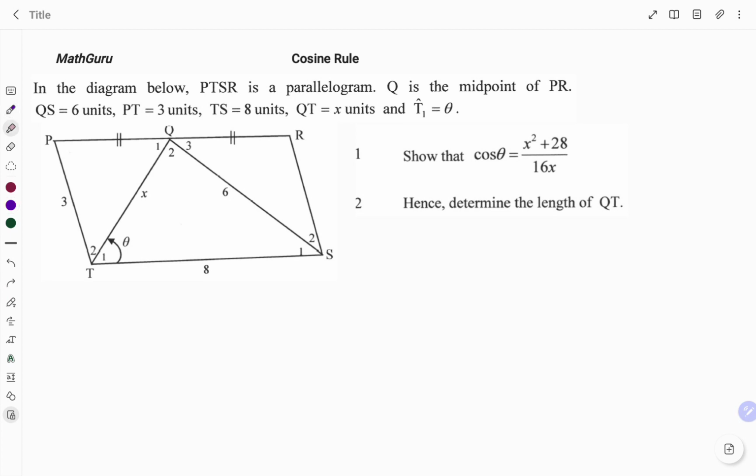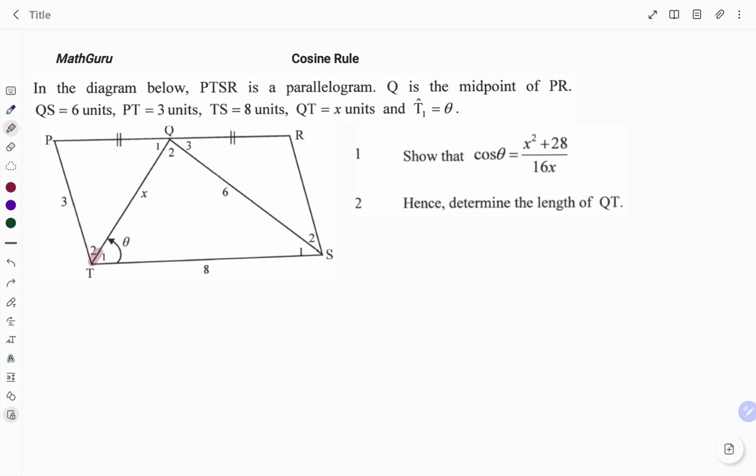We have to show that cos theta equals (x squared plus 28) divided by 16x, and 2, determine the length of the line QT. Starting with the first part of the question, the triangle that is being associated with cos theta is your triangle QST.